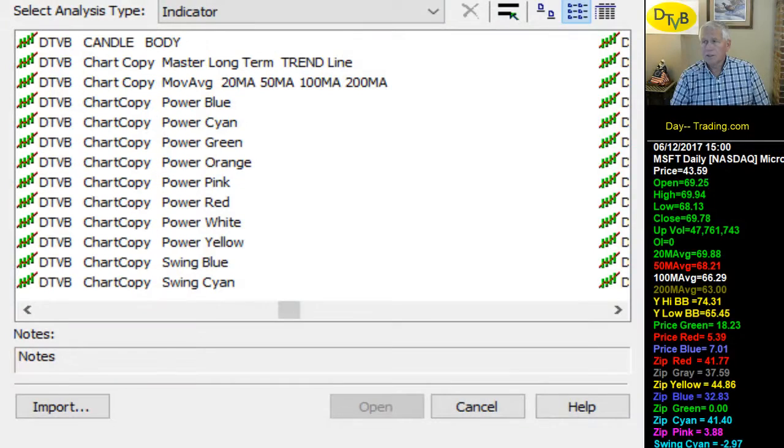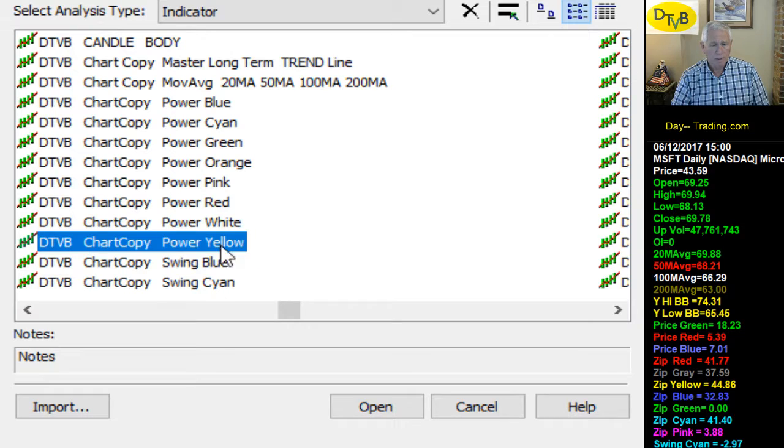In this particular window, it's basically the indicator list within the system that you can open up and go to and literally pick one.